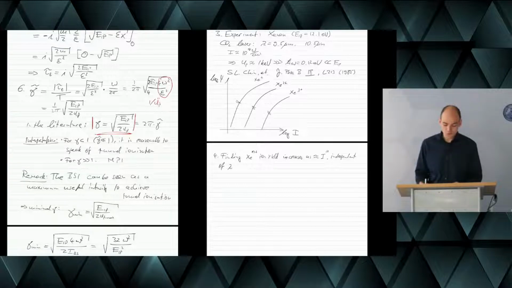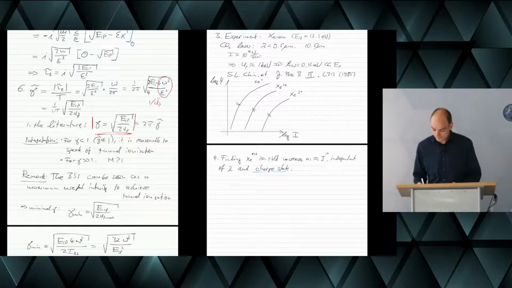Whether you use 9.5 or 10.5, with the 10.5 you would expect a steeper increase because of the larger number of photons involved. It is independent of lambda, and what's even more surprising, of the charge state. And this means it's independent of the ionization potential.